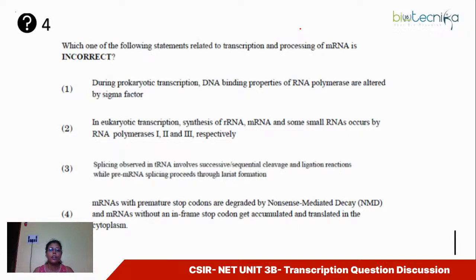After you go into this depth of study, you will find these questions to be quite easy. Maybe right now you're thinking, where did this question come from, these are so difficult, but no. And this is one question where you can go by the elimination process, like how we did for that earlier question. Here also you can apply that elimination process if you know the details of splicing.